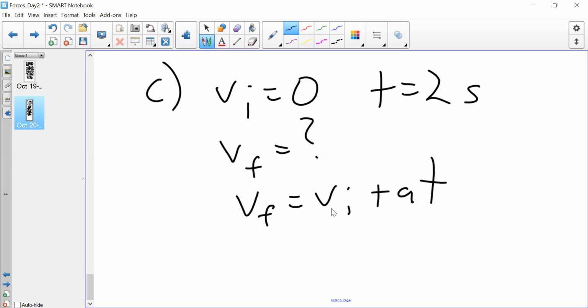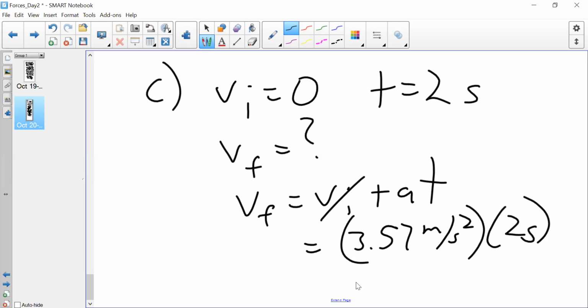The vi term goes away. 3.57 times 2 is roughly 7-ish, 7.14 meters per second. Okay, sounds good.